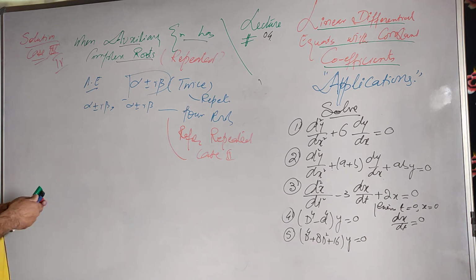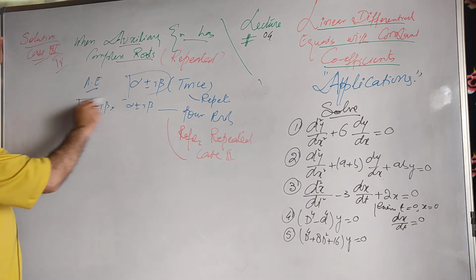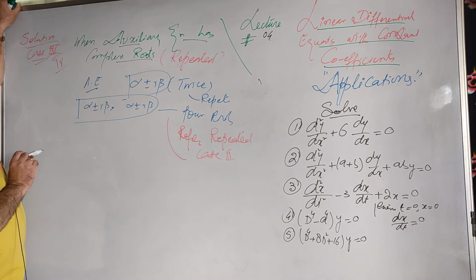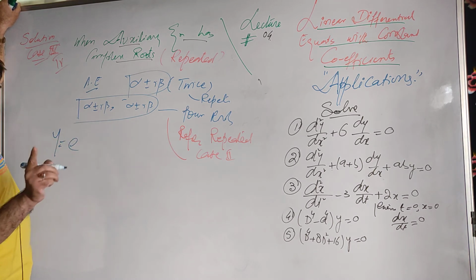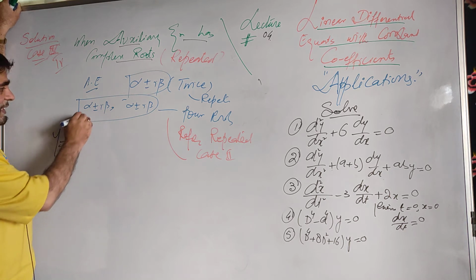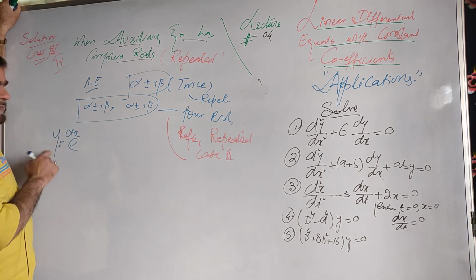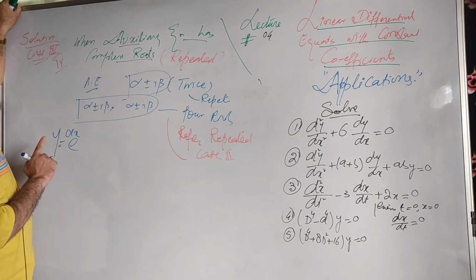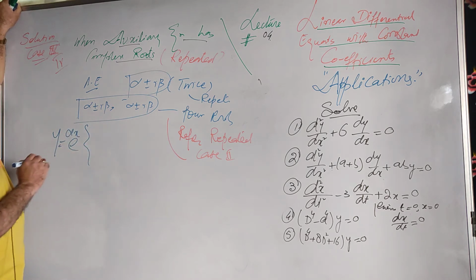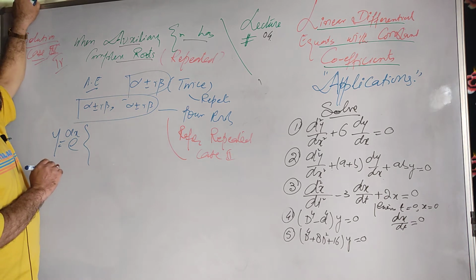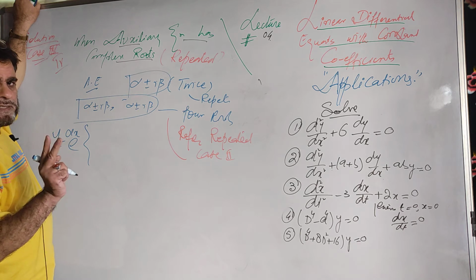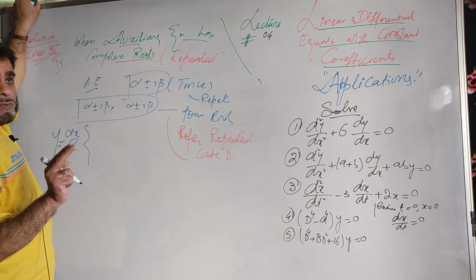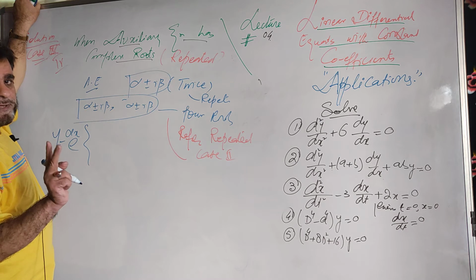Now how do we proceed? For repeated roots, you write the same way. y is equal to e raised to the power of the real part of the complex number, which is alpha x, where x stands for the independent variable involved in the differential equation. Then you have to involve the 2 repeated roots. When 2 are repeated, you write C1 plus C2x. If 3 times, then you write C1 plus C2x plus C3x squared, and so on.